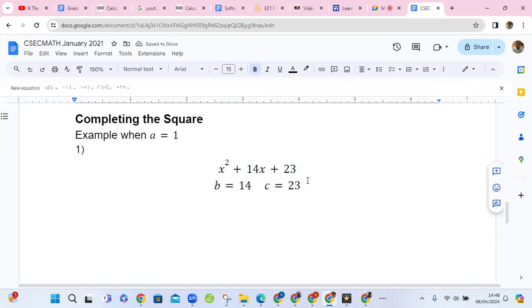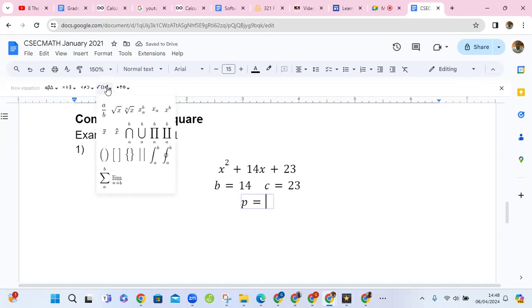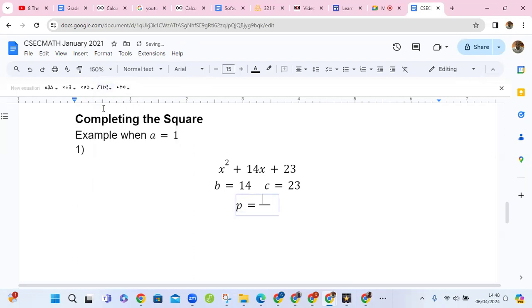P is equal to b over 2, which is equal to 14 over 2. And this will give us 7.